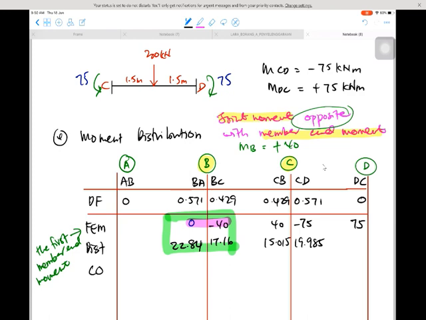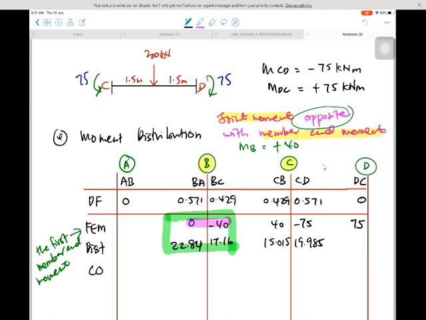So we have to transfer all the fixed end moment values that we determined in the previous step into the table. From the previous step, we found that FEMBA is 0, FEMBC is negative 40, FEMCB is 40, FEMCD is negative 75, and FEMDC is 75.